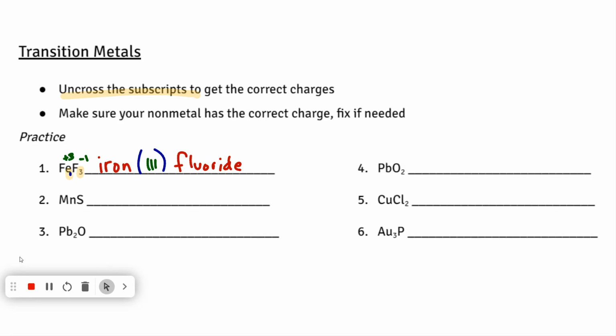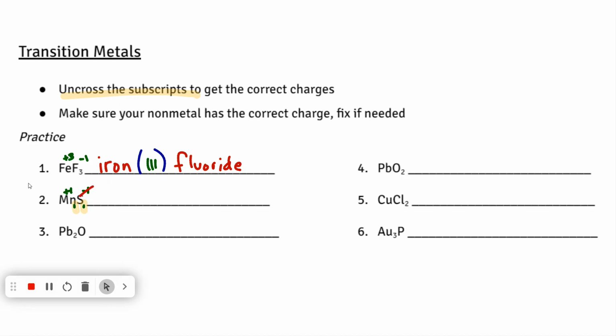But uncrossing doesn't always work, or it doesn't always go smoothly necessarily. If we look at this next example where I have my MnS, none of these have any numbers on them, so it's assumed to be 1, which would tell us that Mn has a +1 charge if and only if S has a -1 charge.